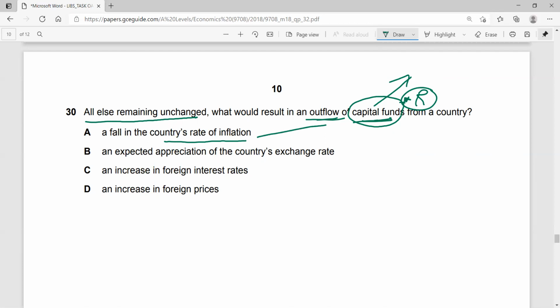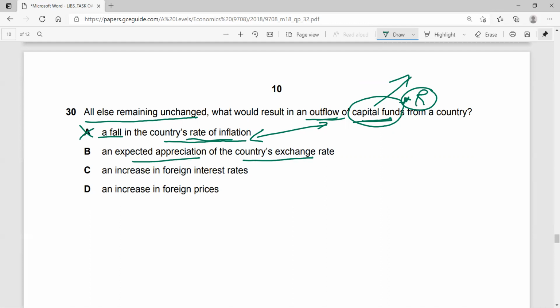But it's still not so relevant in the first place, because capital funds are saved in the country, in their banks or otherwise. So it's very unclear as to why the rate of inflation should meaningfully matter, especially a fall in the rate of inflation. If anything, a fall should just make the country more attractive because the money will have more purchasing power in that country.